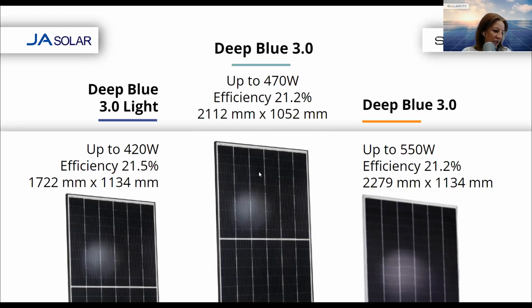Some of the advantages: higher output power, better temperature dependent performance, less shading and lower resistive loss, lower risk of hotspot, and let's say the annual degradation, it's 0.55% over 25 years.